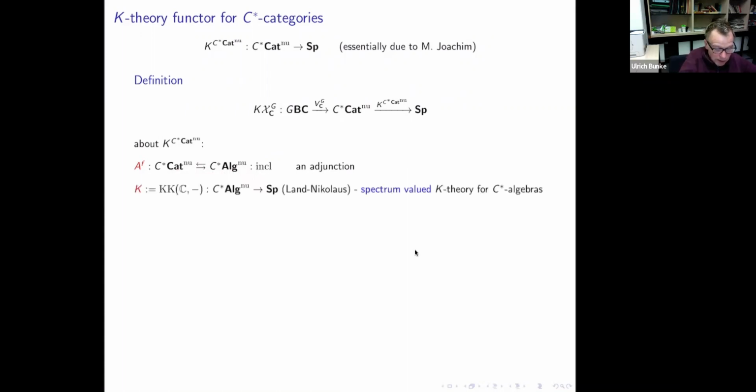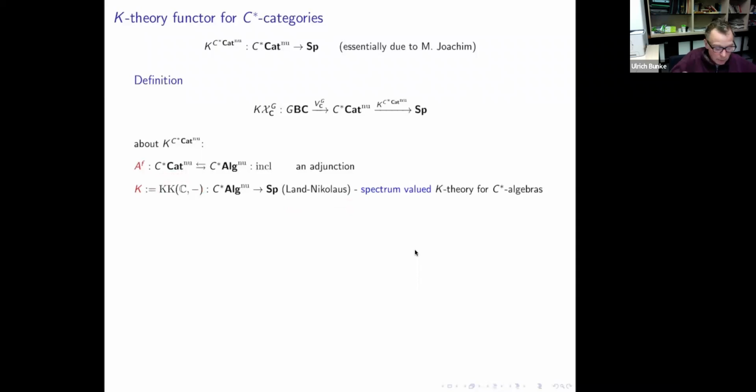Okay, we have this functor, and then we need a spectrum-valued K-theory functor for C-star algebras. There is one in Michael Joachim, but nowadays, we like infinity categories, and there's a very formal construction of a spectrum-valued KK-theory by Land and Nikolaus, which does not need any explicit models.